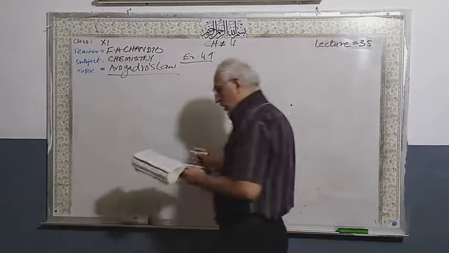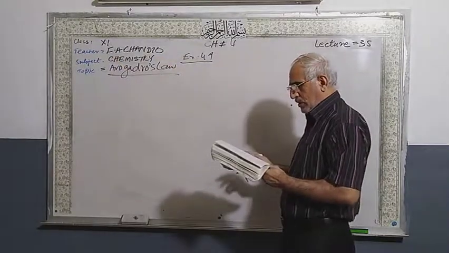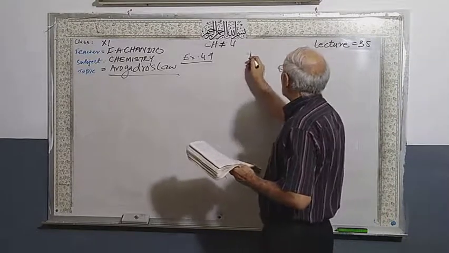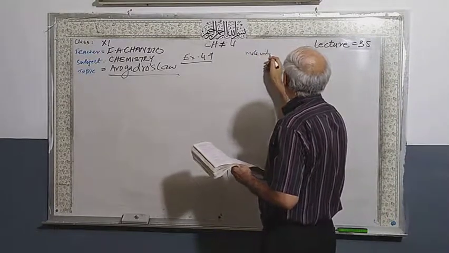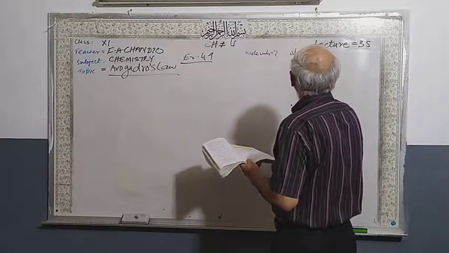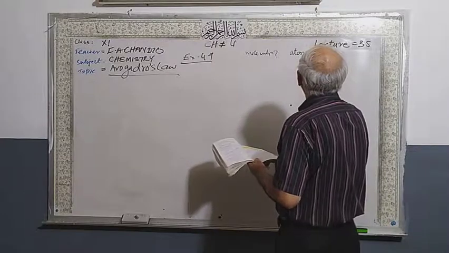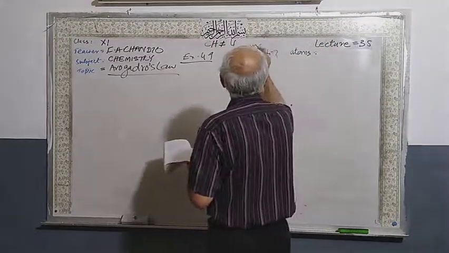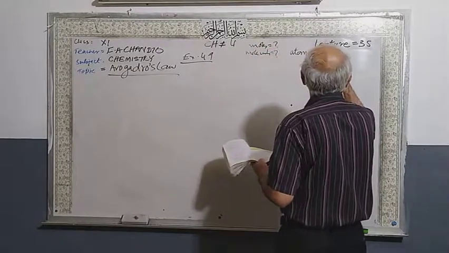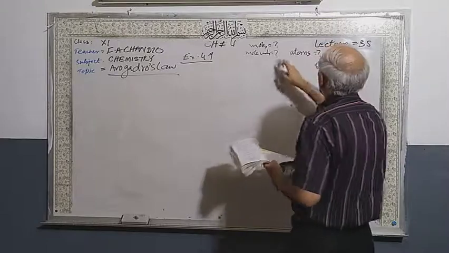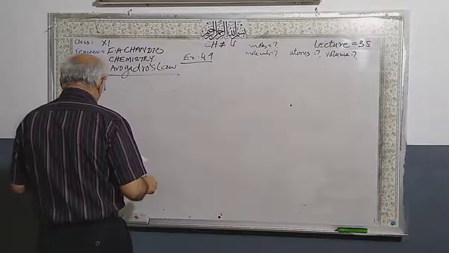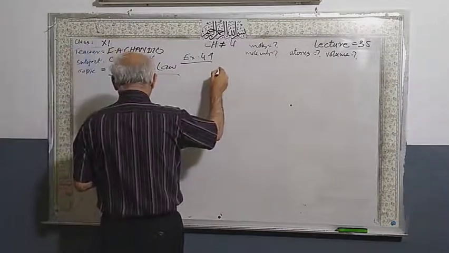Calculate number of molecules, number of atoms, number of moles, and volume. 1, 2, 3, 4 parameters you have to calculate, and the gas is ammonia.